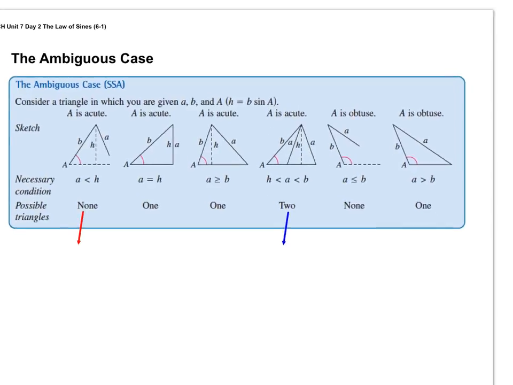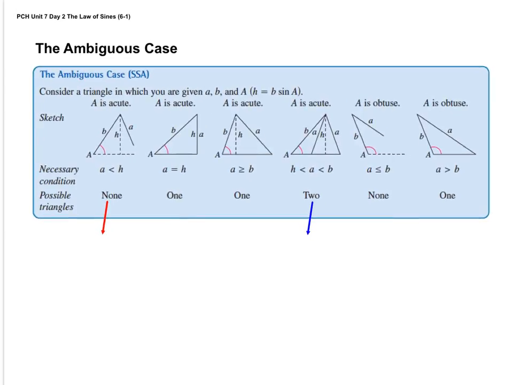As you can see here, side A is across from angle A. You'll know both of those. So here we're given sides A and B and angle A. The problem is this doesn't always work, and the other problem is sometimes when it does work, there's more than one possibility.